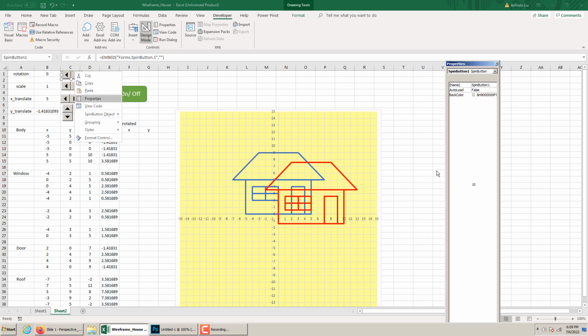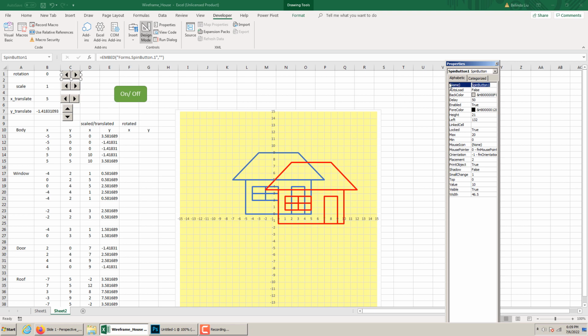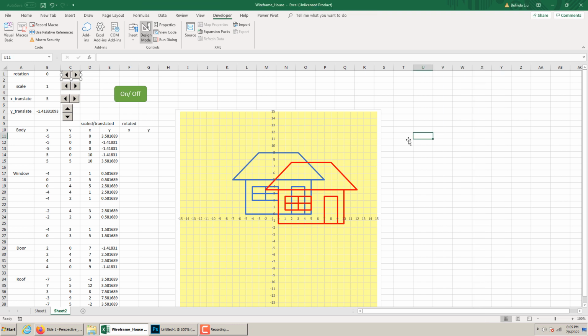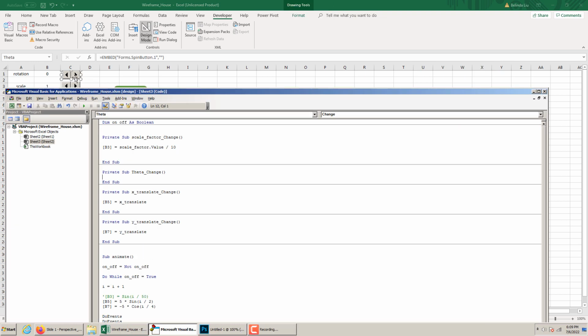Property, I wouldn't call it rotation, because rotation might be a reserved word. It is a reserved word, so let's call it theta, and let's go from 0 to 360 degrees, so from 0 to 360. And double click on it and fill it out.